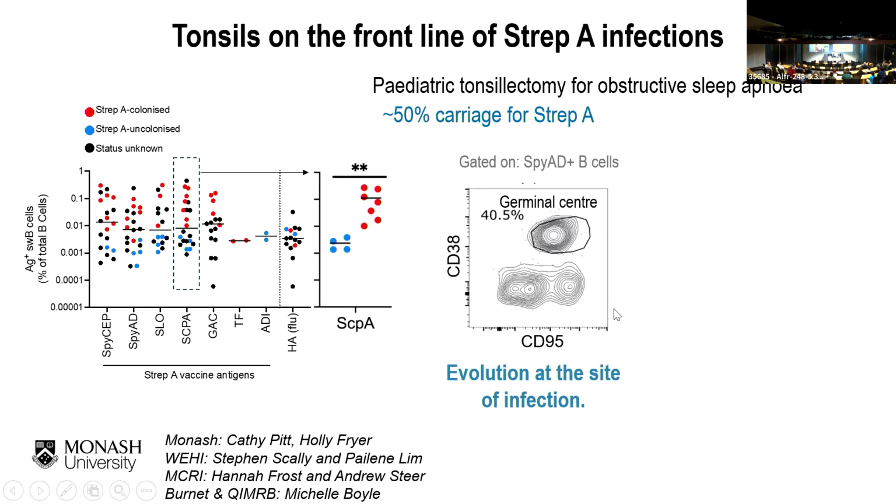And what's really fascinating for me as an immunologist is that this is actually the site at which evolution of that B cell response is taking place, and the B cells are actively undergoing mutation of their B cell receptors.